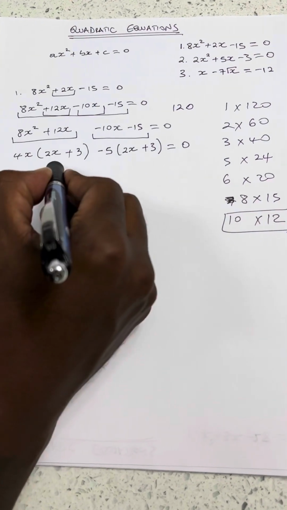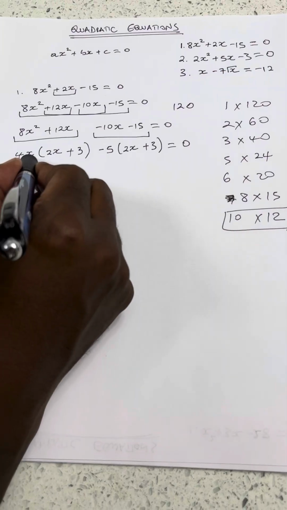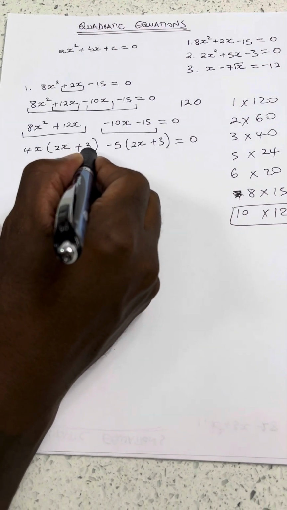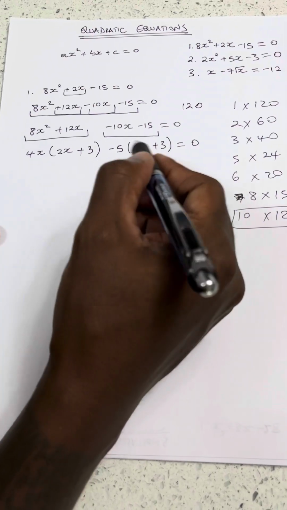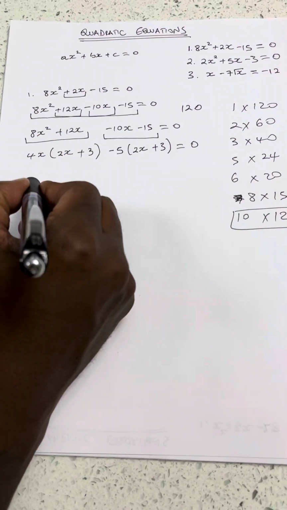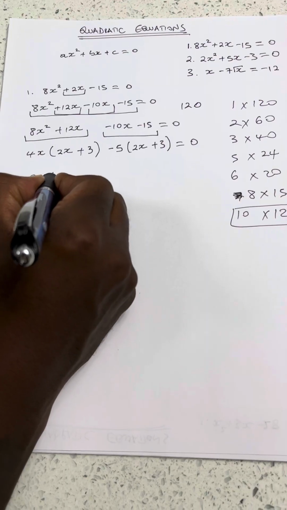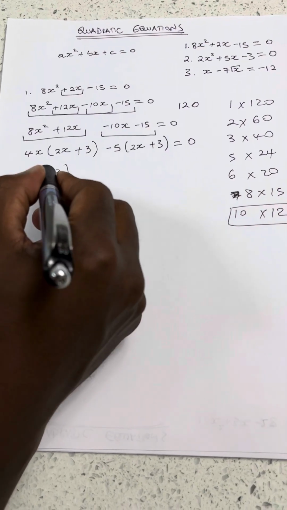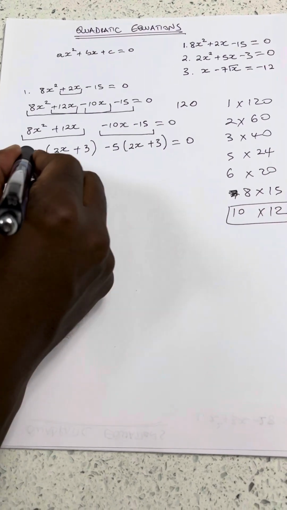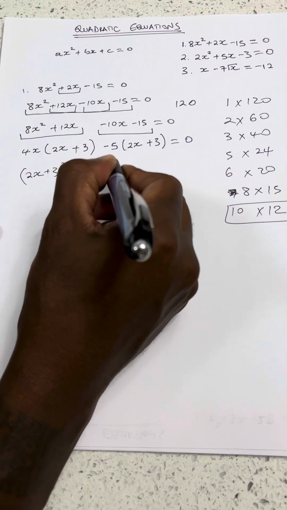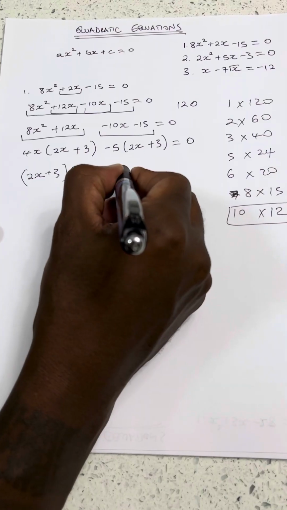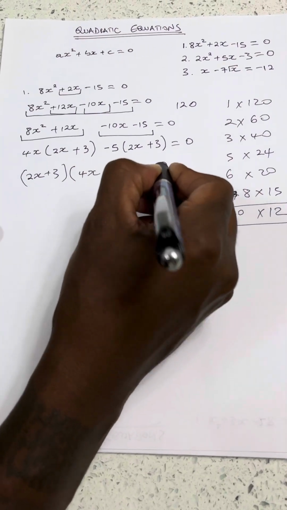So now what we have is 4x multiplied by 2x plus 3, and this negative 5x is also multiplied by 2x plus 3. So now we have a common factor here, which is 2x plus 3. And now that common factor on this side is multiplied by 4x, and on the other side it is multiplied by negative 5 equals to 0.